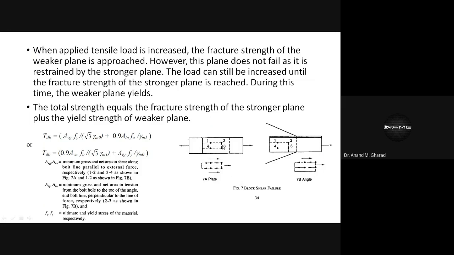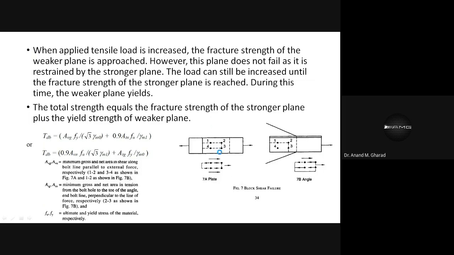Why? Because of the presence of this perpendicular strong plane. So what will happen? The stresses will be distributed in this strong plane, and with the further increment in the loading, first it will start yielding and then it will go into ultimate stress.